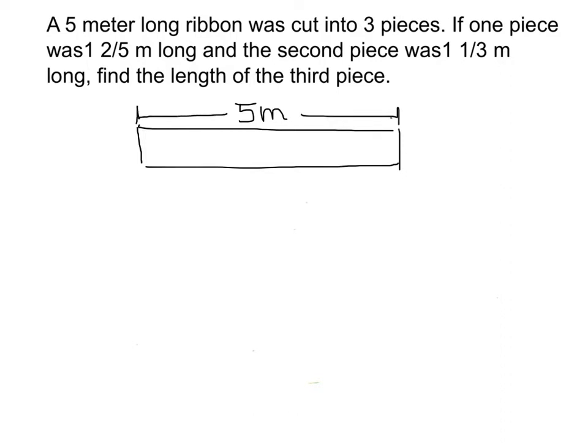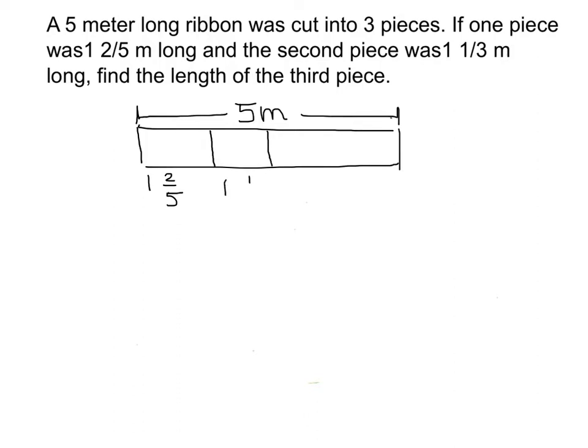And then it said it was cut into 3 pieces. If one piece was 1 2/5 meters long, I'm going to go ahead and split it. And this is going to be 1 2/5 meter. And the second piece was 1 1/3 meters long. So maybe not quite as big.